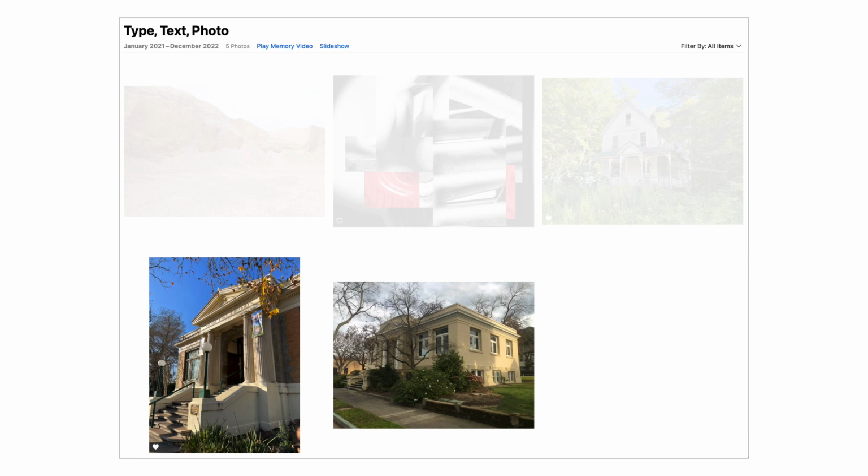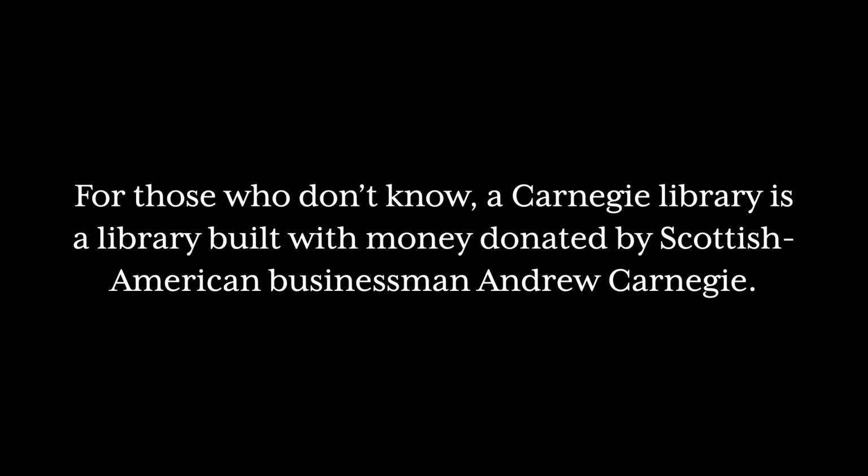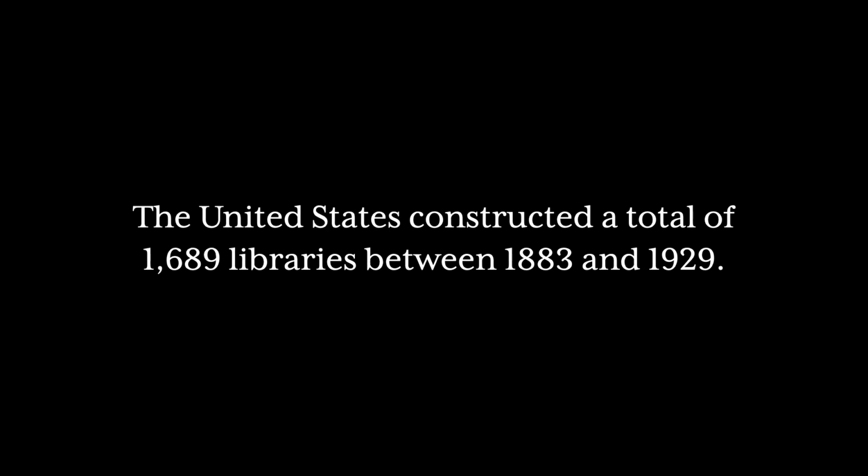Out of the 5 I initially selected, the other images she found interesting were 2 images of Carnegie libraries. For those who don't know, a Carnegie Library is a library built with money donated by Scottish American businessman Andrew Carnegie. The United States constructed a total of 1,689 libraries between 1883 and 1929.